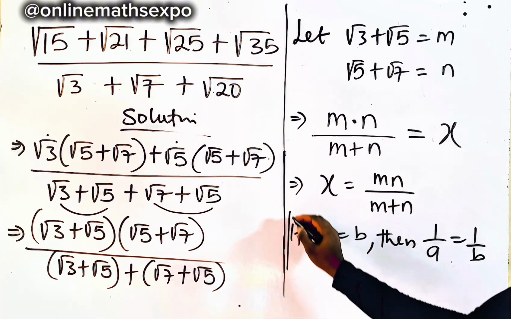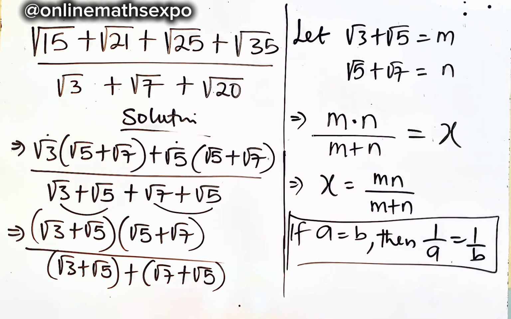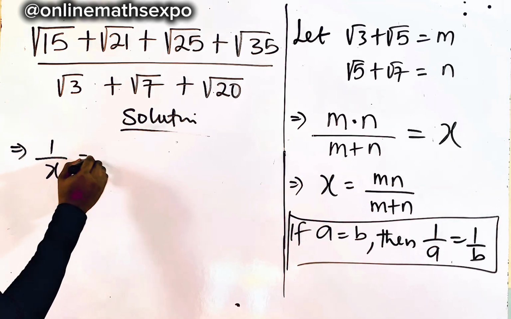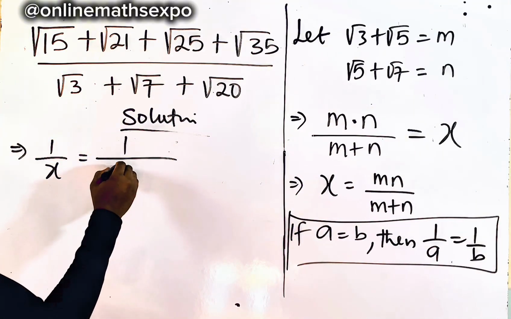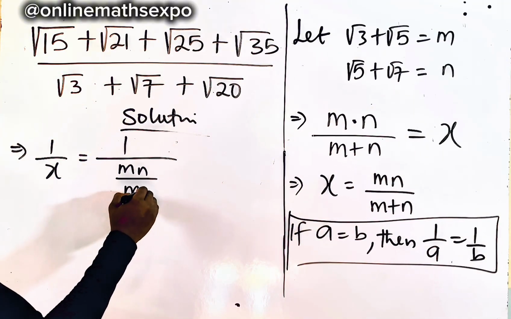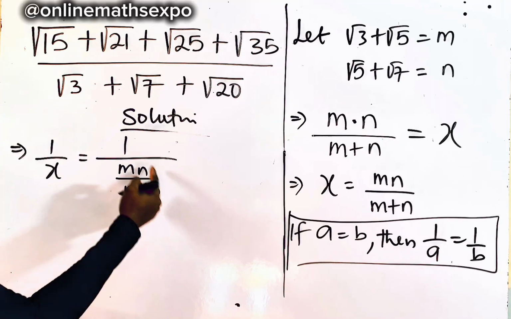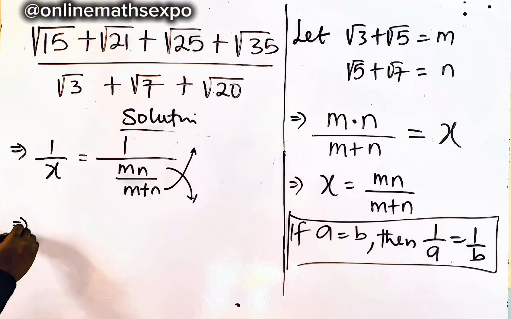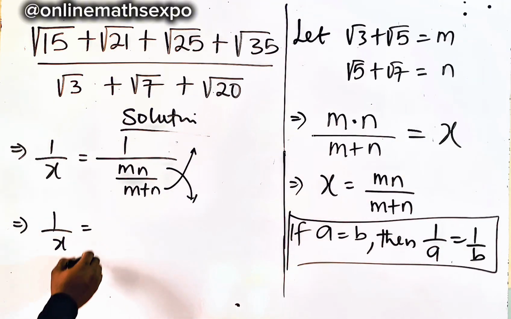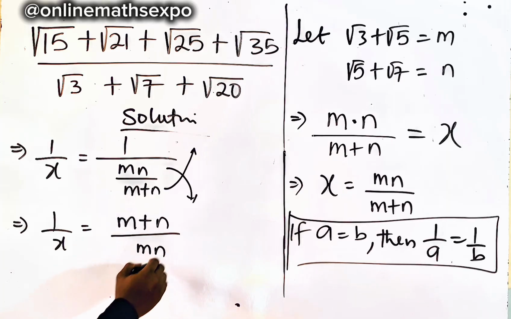So if we apply it here, we are going to have 1 over x is equal to the reciprocal of mn divided by m plus n. So we are taking the reciprocal of this, and to take the reciprocal means to invert the fraction. So it's going to give us 1 over x is equal to m plus n divided by mn.